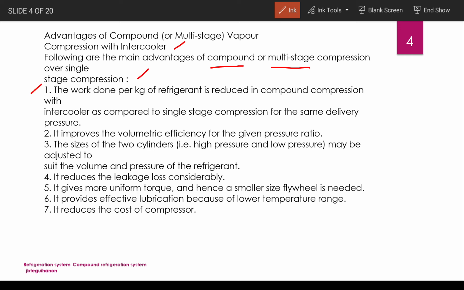Number one, the work done per kilogram is reduced in compound compression with intercooler as compared with single stage compression for the same delivery pressure. Work done is reduced, that's the key word.